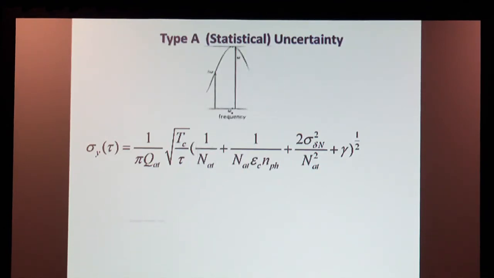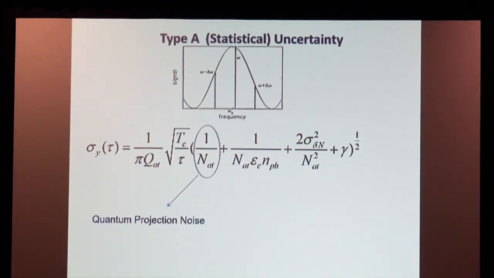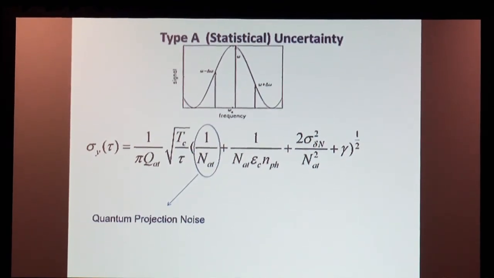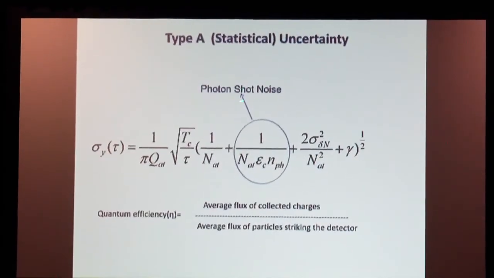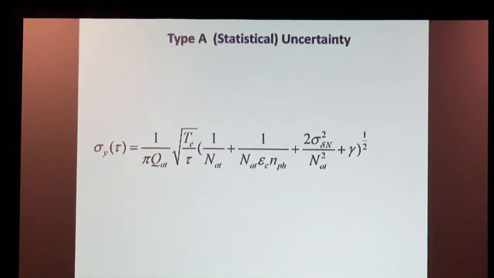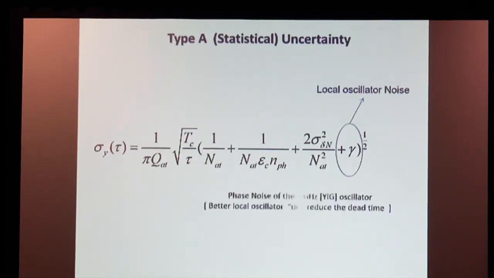The random uncertainty is this big equation and comprises the quantum projection noise, which, as was said yesterday, is inversely proportional to the number of atoms, and it comprises the photon shot noise in the detection, the electronics, and the local oscillator noise.